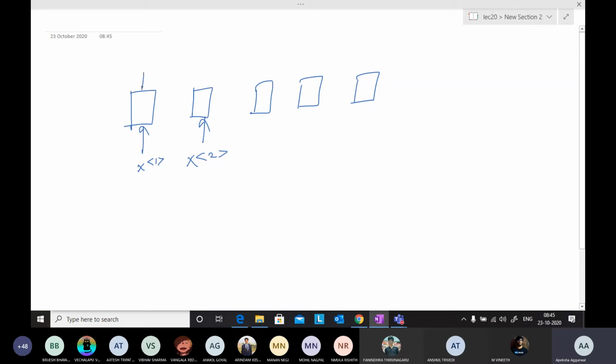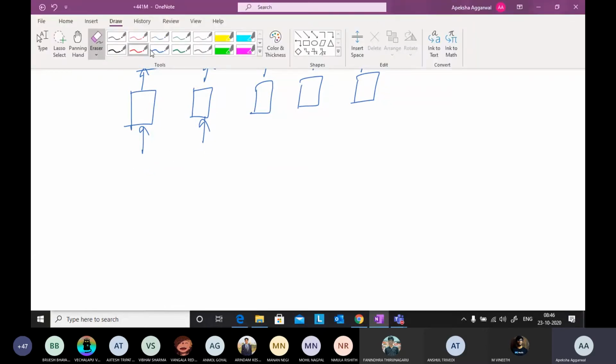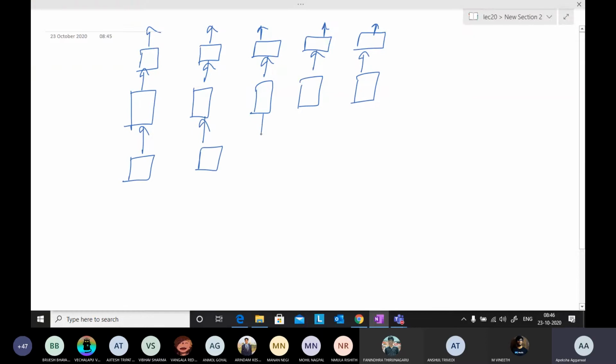What I am depicting over here is the activation for a1. It is taking input a0.